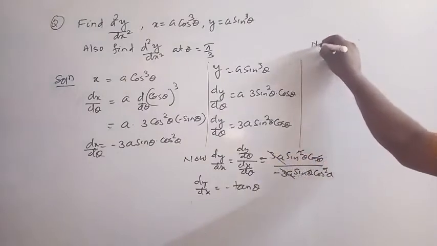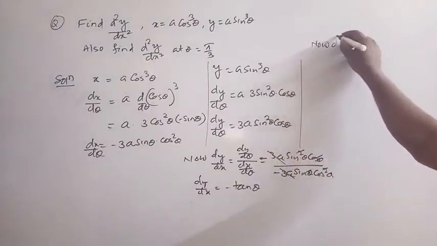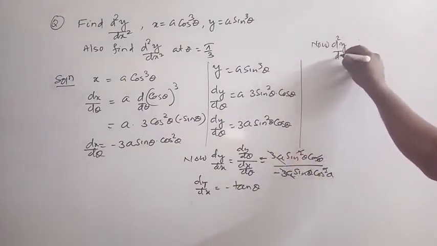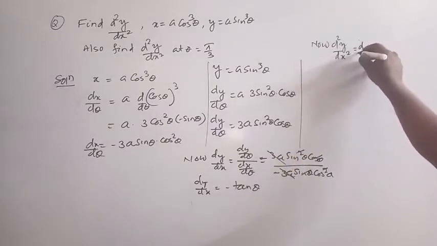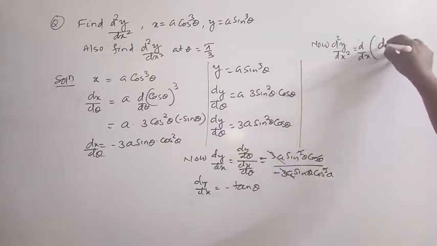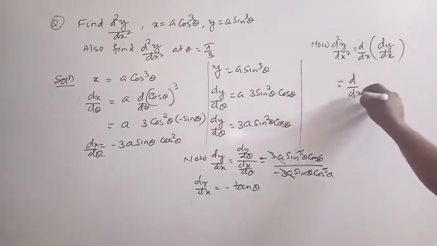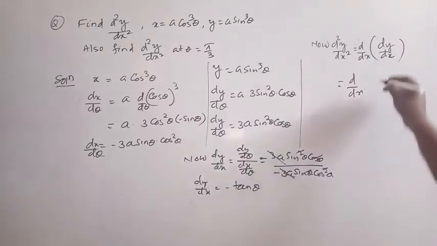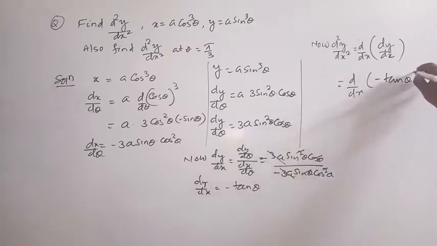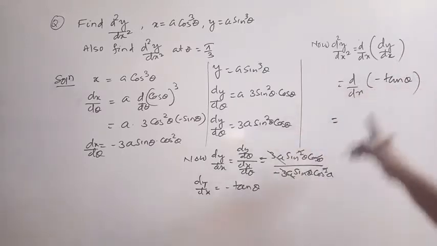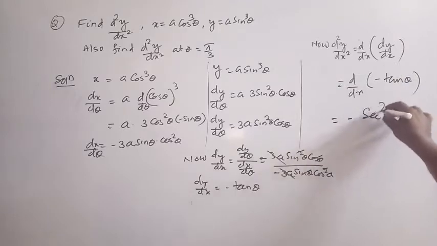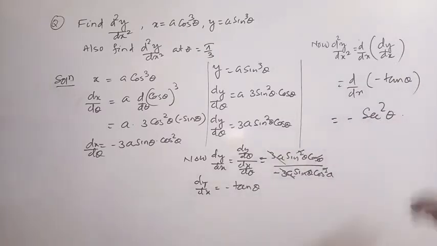Now d²y/dx², that is d/dx of dy/dx, d/dx of minus tan θ. So first derivative with respect to θ. So minus sec²θ into dθ/dx. What is dθ/dx?